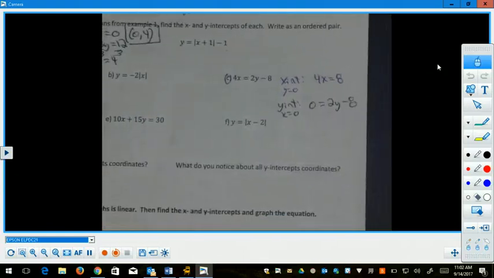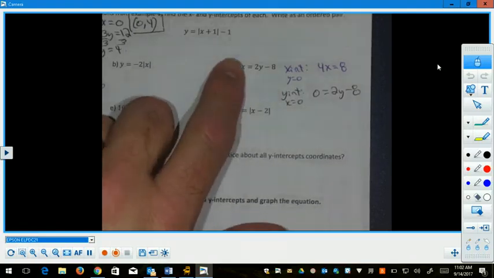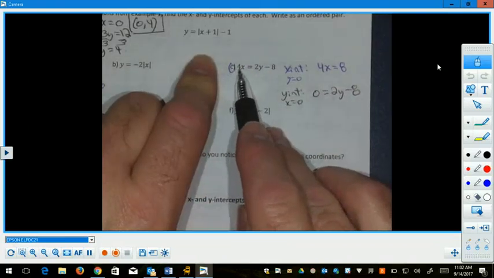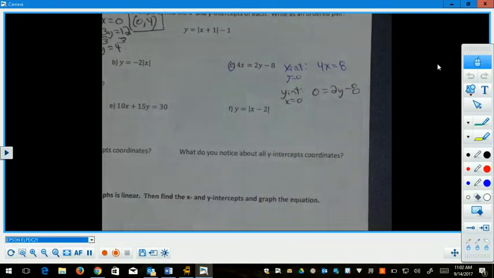I can still solve that equation, but it's not as nice. I don't just get to divide. So I have to add 8 before I can divide. So if you cover it up and it's gone on one complete side of the equation, then the 4 times 0 is 0. So just be aware that they're not always written in standard form.